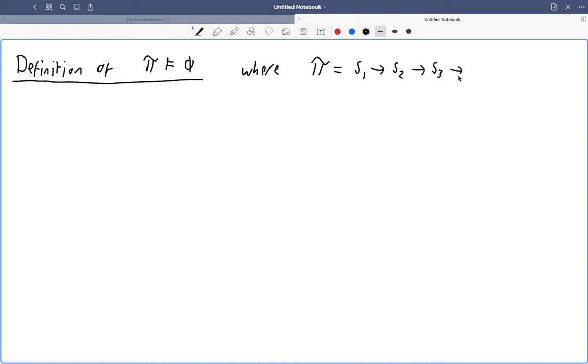So we're using S1, S2, S3, S4 and so on as the notation for the states we get in the path pi. So S1 is now, S2 is the next state, and so on.